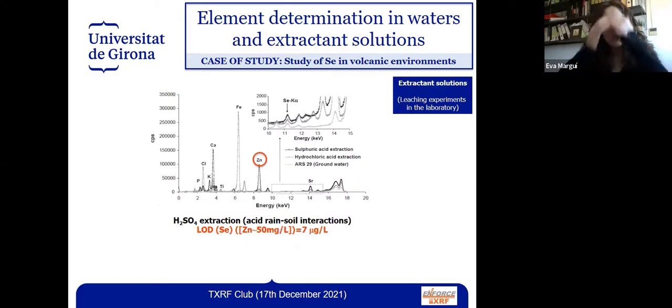We also evaluated the limits of detection for acidic extractions. In this case, we simulated the acid-rain interactions, putting the soil in contact with a solution of sulfuric acid.